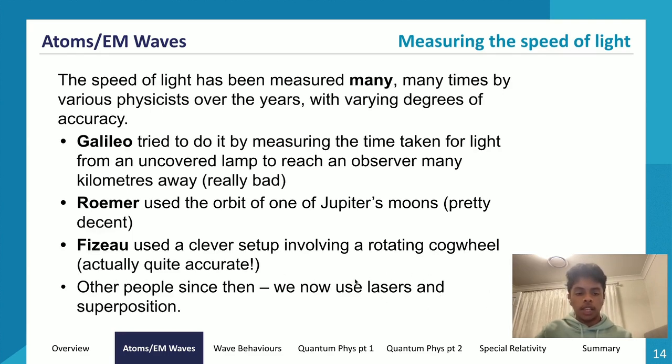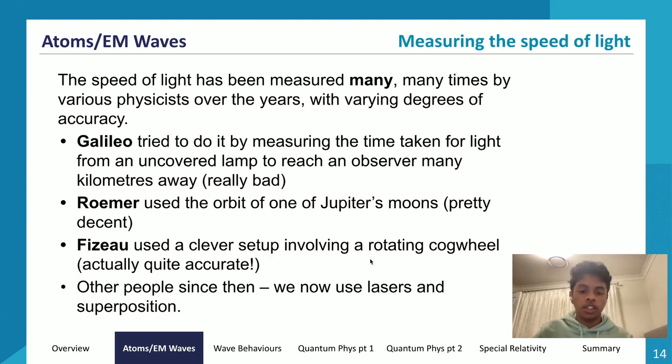Contemporary methods use lasers and other machinery. The apparatuses were relatively simple and not as complicated as machinery nowadays. They'll also ask us to use their equations. They'll give us an apparatus and say use Fizeau's or Foucault's apparatus to calculate the speed of light, or how fast would they have to operate their mechanism to calculate the speed of light.